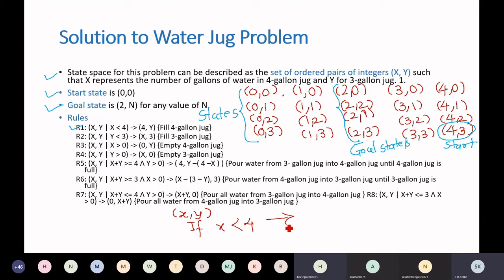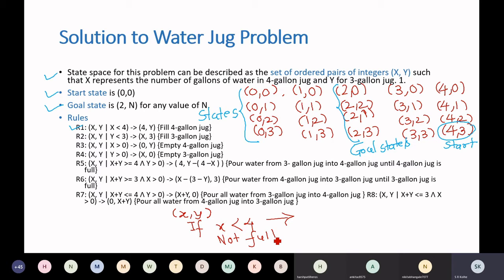Less than 4 means the 4-gallon jug is not filled completely. It may contain 0 gallons of water or 1 or 2 or 3. Right? Less than 4 means what? It is not full.